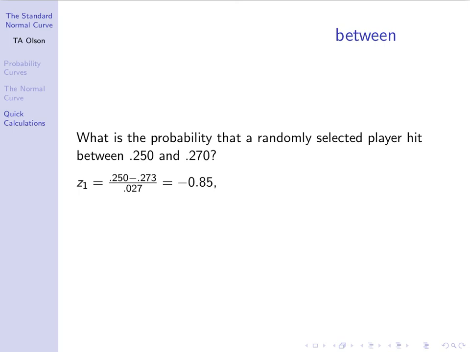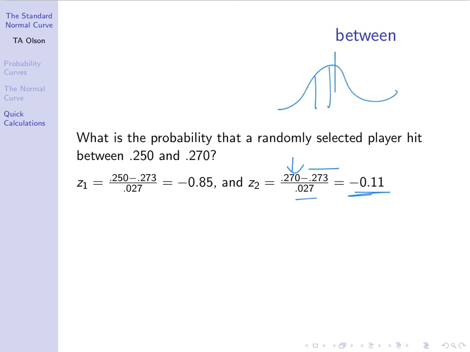All right, so for the first one, let's go with 250 as our low end. So our x value is 250, the mean 273, the standard deviation 0.27. This gives me a z-score of negative 0.85. For our other z-score, we want to know 270. Our mean is 273. Our standard deviation is 0.27. This gives me a z-score of negative 0.11. So both of our z's are less than our mean in this case. We want to know the area between.